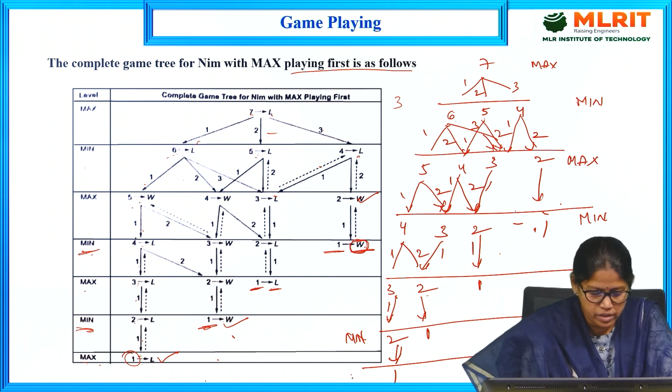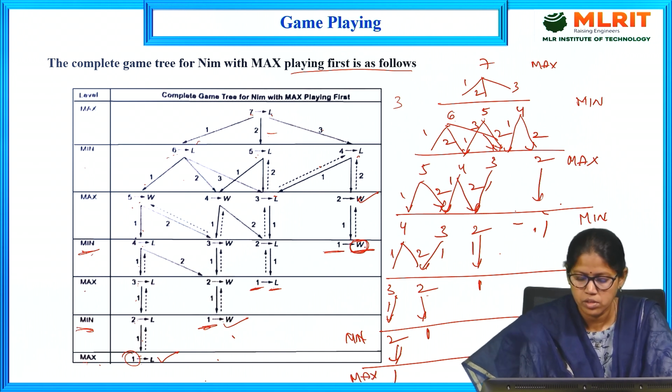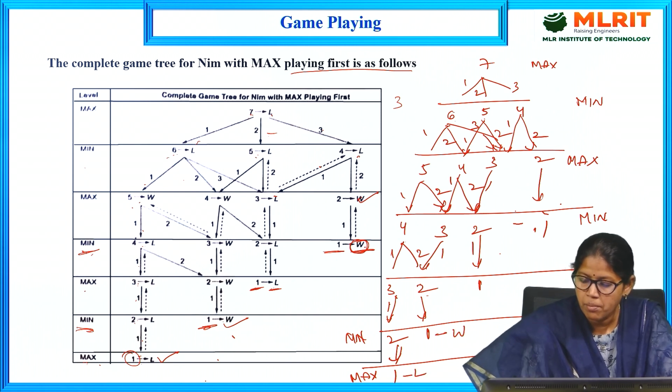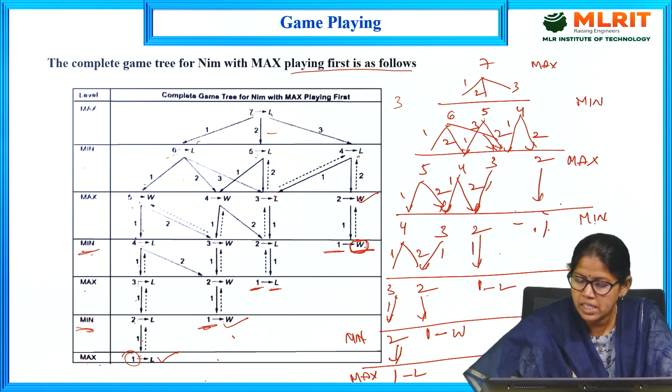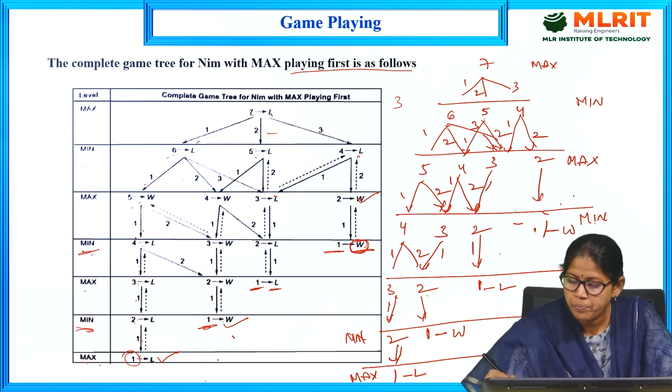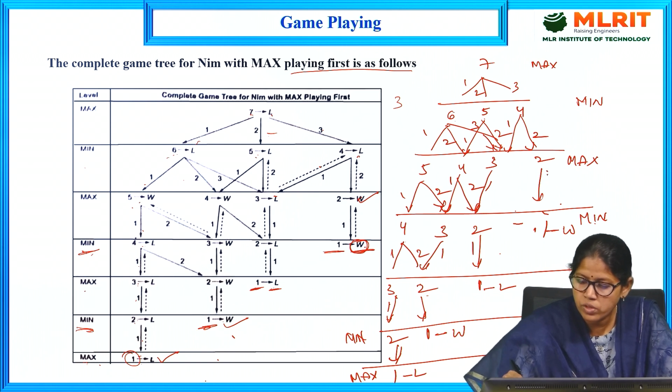1 at max point. Okay, so at max taking the last matchstick, loss; min taking the last matchstick, win; max taking the last matchstick, loss; min taking the last matchstick, win. Now at a max level, from the max point of view, if any one successor is a win, it is a win.